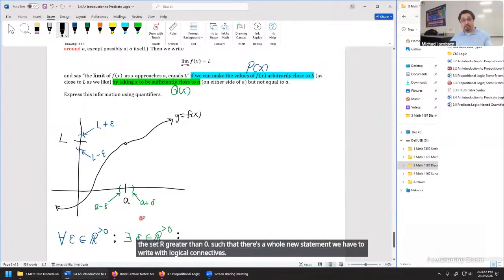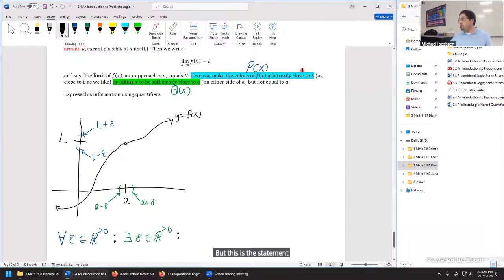But this is the statement so far. Being arbitrarily close to L means this must work for every epsilon. But once you pick that epsilon, we have to come up with just one delta that makes us close enough to L. So we have an existential quantifier that comes up next.